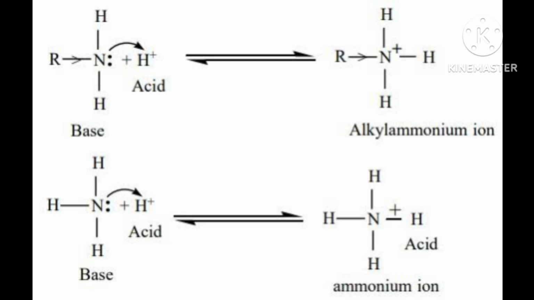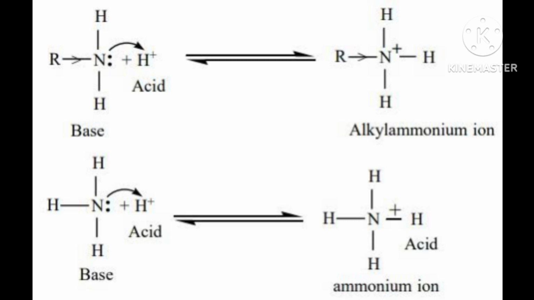Larger the value of Kb or smaller the value of pKb, I told you, inversely proportional. Larger the value of Kb or smaller the value of pKb, stronger is the base.